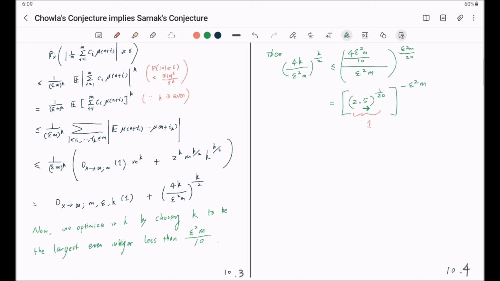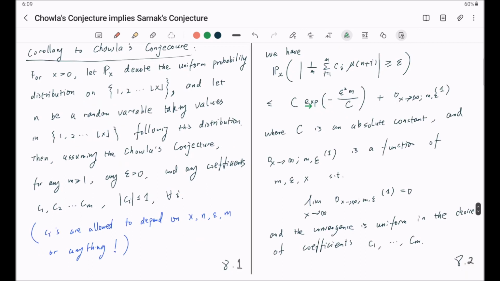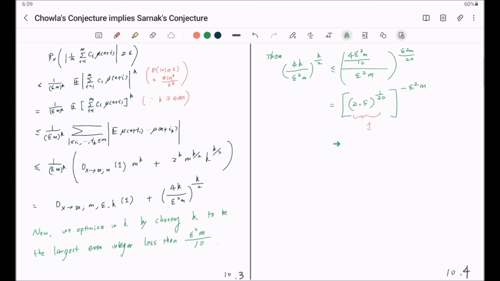Now, comparing this with what we want to prove. What we want to prove is this. It's very close. This term will be less than or equal to constant c times exp of negative epsilon squared m divided by c for some carefully chosen constant c.